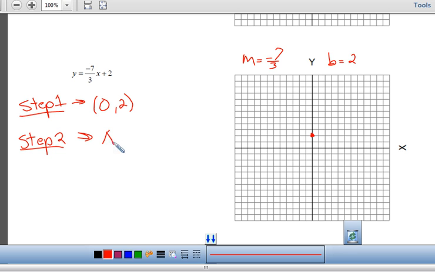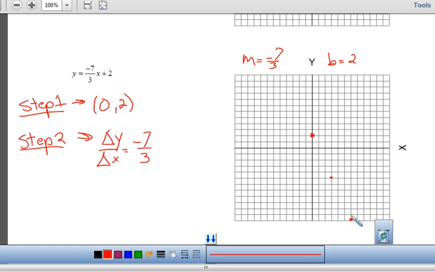So change in y over change in x is negative 7, that's down 7, positive 3 to the right 3. Down 7, 1, 2, 3, 4, 5, 6, 7, then go to the right 3, put a point. And I can keep going. 1, 2, 3, 4, 5, 6, 7, 1, 2, 3, oops.